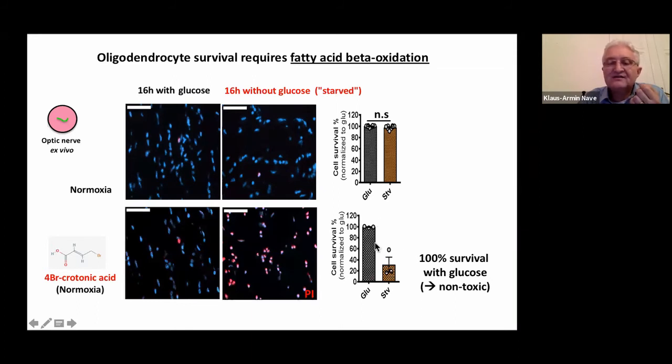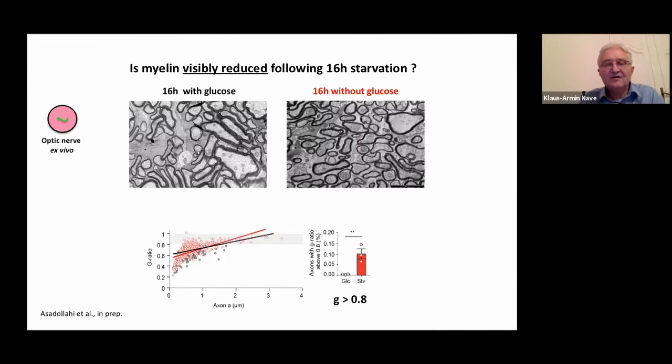And that tells us that it's presumably the beta oxidation of fatty acids in the system that at 16 hours not only supports oligodendrocytes, but to some extent also other cells, including the astrocytes, which are ultimately dying, but certainly the oligodendrocytes do.